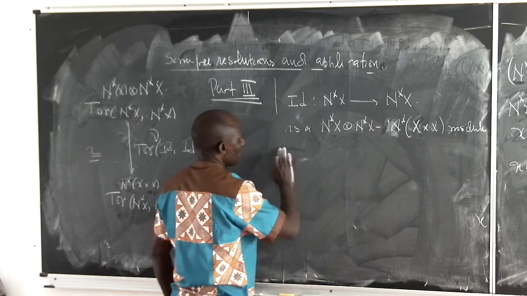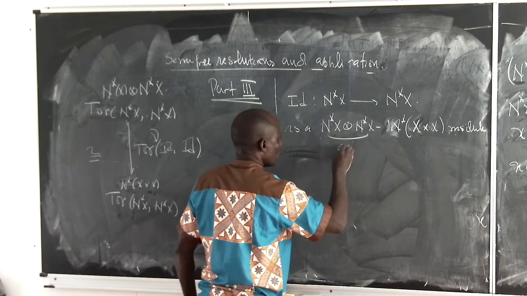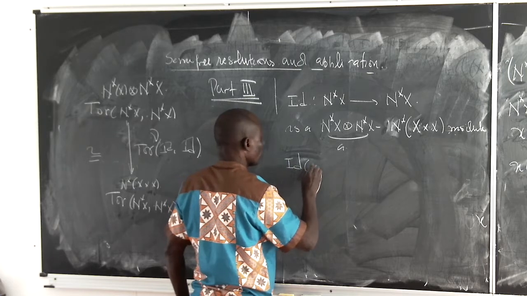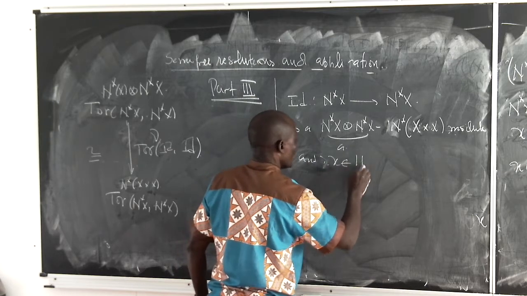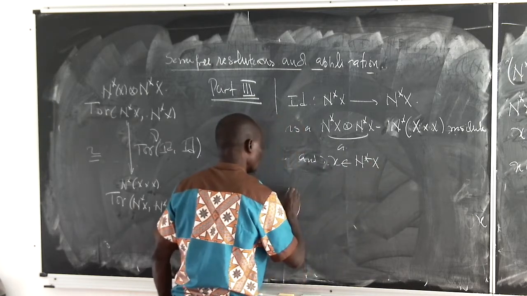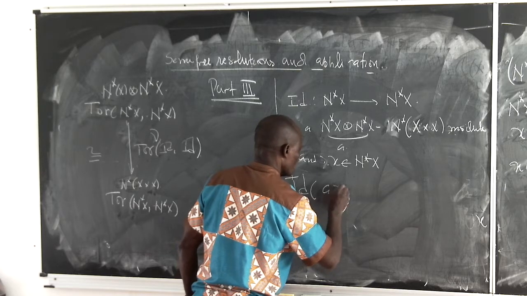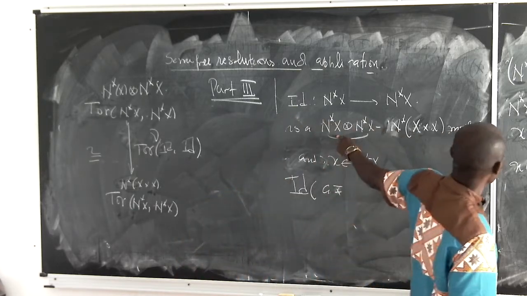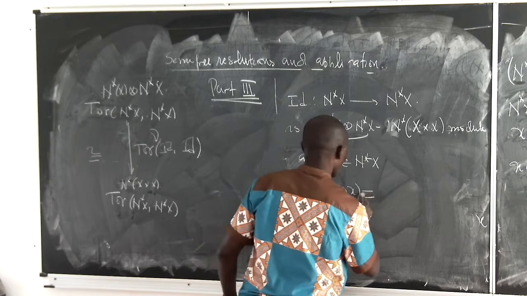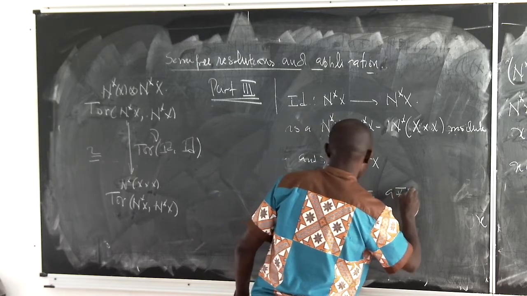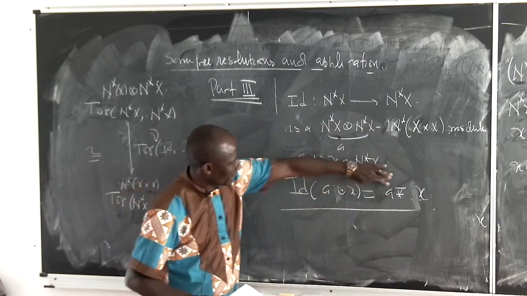This means that if we have the action here, if we consider something here, A, then we have the identity of an X on this, we have the identity of A, the action of this, is equal to A X. This is what we are expected to have.